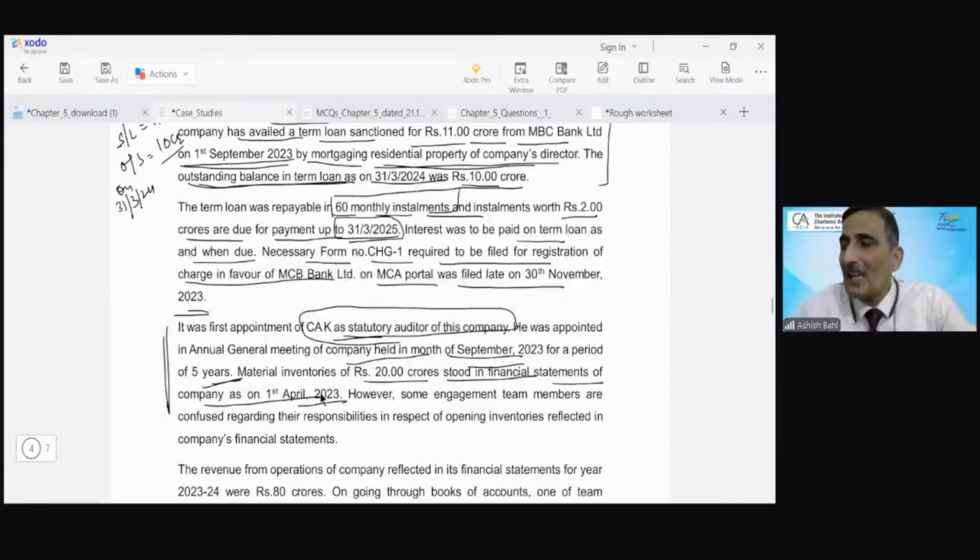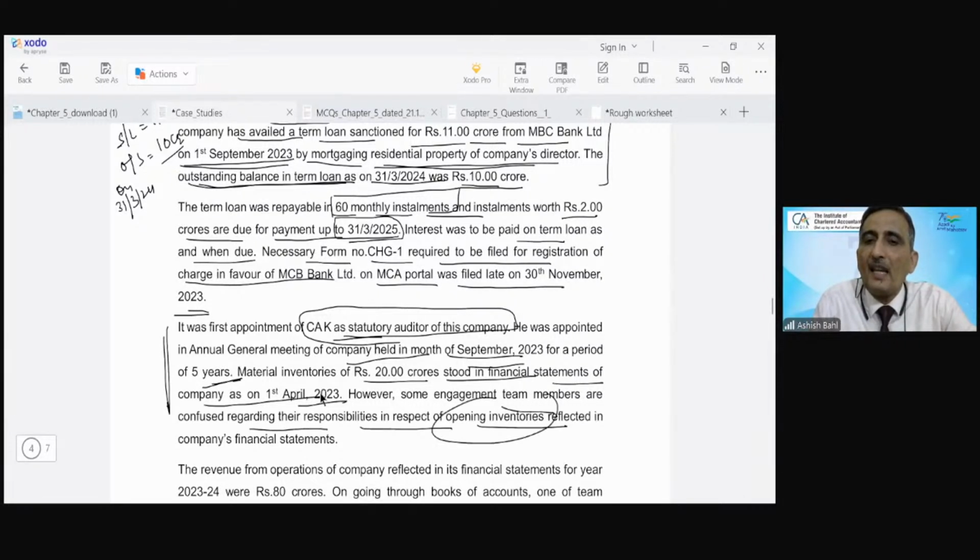So he is being appointed in September 23 for the first time. And opening inventories were rupees 20 crores. However, some engagement team members are confused regarding their responsibilities in respect of opening inventories reflected in company's financial statements.